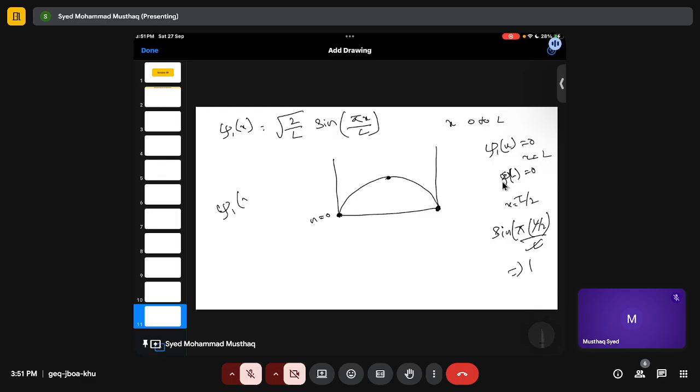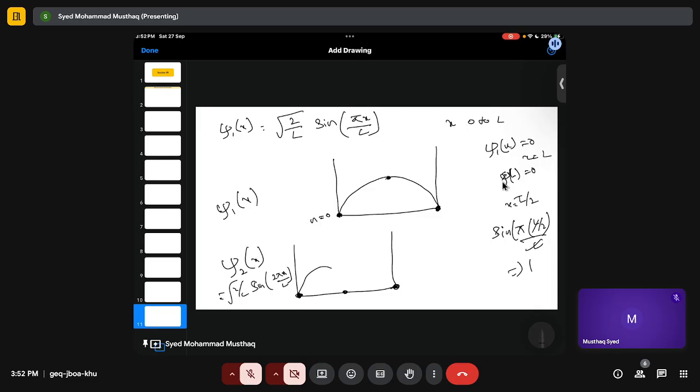Right. So this is for psi 1 of x. Now what about psi 2 of x? Then my function will be root 2 by L sine 2 pi x by L. Again, if I substitute from x equals 0 to L, it will have 3 zeros.